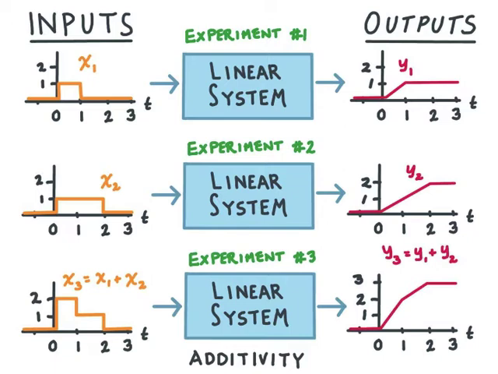And then we'll get the outputs. And the output in response to x1 is y1, the output in response to x2 is y2, and the output in response to x3 is y3. The principle of additivity says that we can find y3 simply by adding the outputs that we found from the first 2 experiments, y1 and y2.